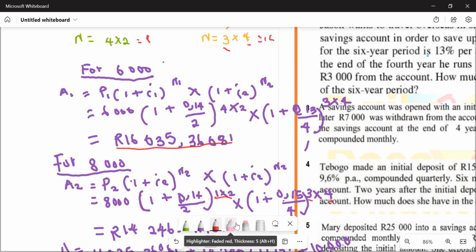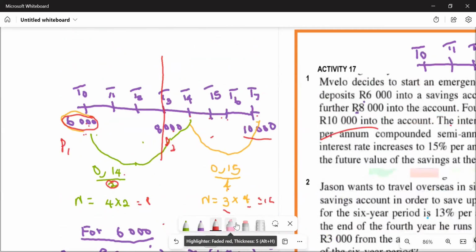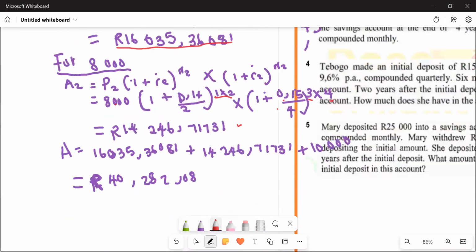Now, 10,000 is not going to get any interest. Why is 10,000 not going to get any interest? 10,000 is at the end. Can you see that one? So 10,000 is not going to get any interest unless we go to T8. If we go to T8, then 10,000 will receive interest. But since we're putting this 10,000 here, we don't know what the interest of this amount is going to be. When we put money in the bank, they're not going to give us any interest. So what is going to be the accumulated amount?